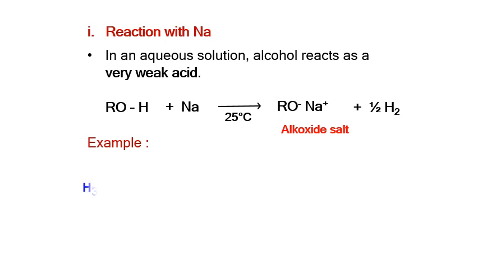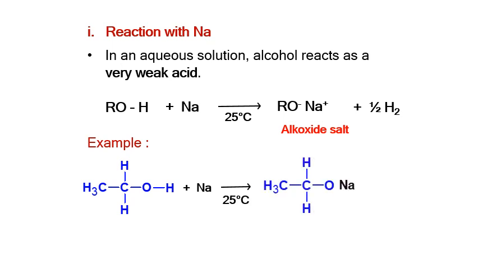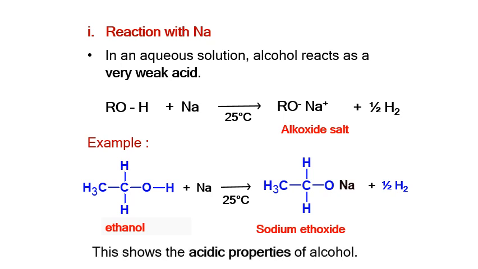The example is ethanol treated with Na at room temperature produces sodium ethoxide and half mole of H2. This shows the acidic properties of alcohol.